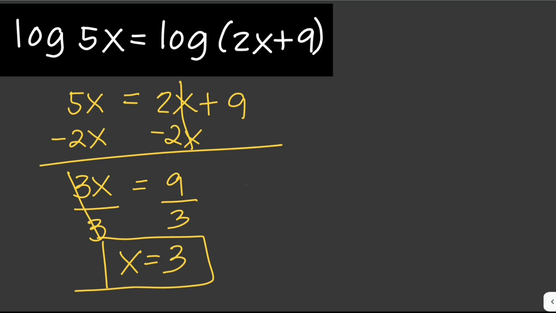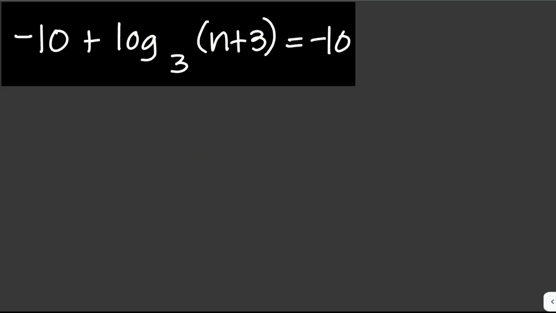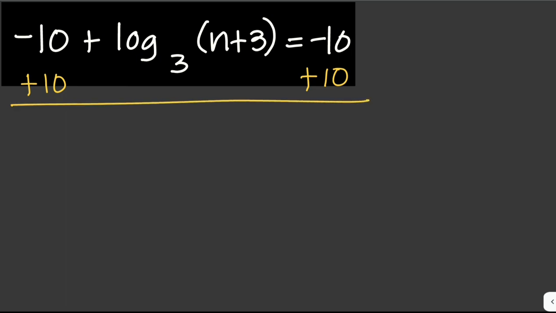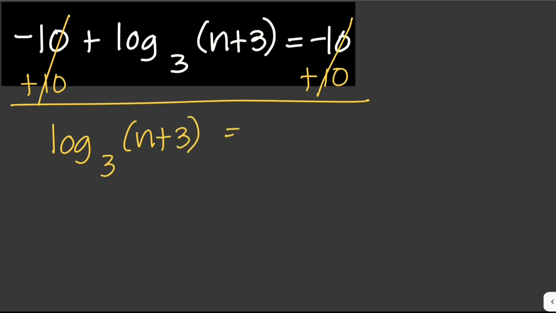Okay, let's solve another problem. Negative 10 plus the logarithm of n plus 3 to the base 3 equals negative 10, and we solve for n here. We just have to add 10 to both sides. Then we'll be left with the logarithm of n plus 3 to the base 3 equals 0. Now we can apply one of the properties of logarithms.